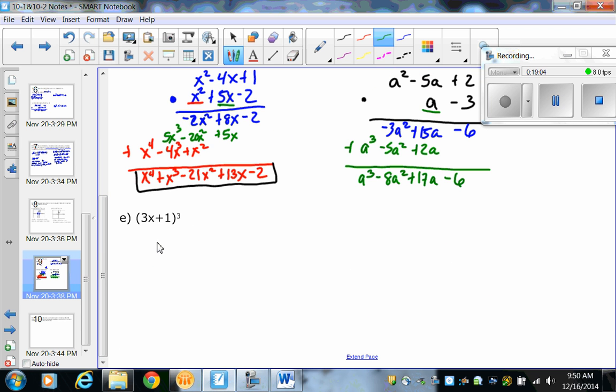Last one, we have 3x plus 1 raised to the third. So that's really saying 3x plus 1 times 3x plus 1 times 3x plus 1. So I'm just going to FOIL these first two together. So that's going to give me 9x squared plus 6x plus 1.